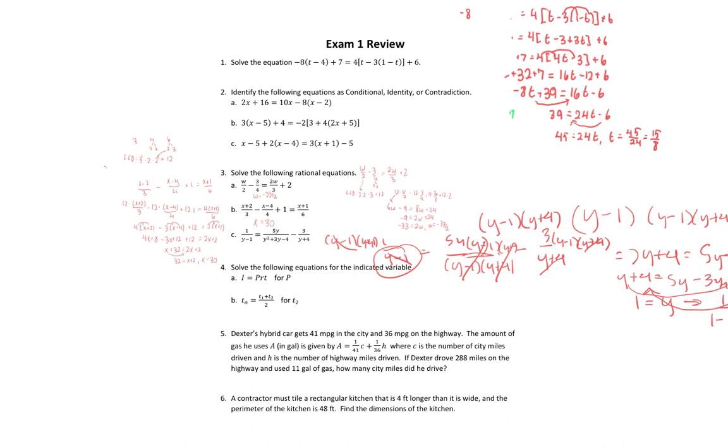Which, as you can see in this left term, we have a 1 minus 1, which is a restricted value, making y a restricted value because we can't have 0 in the denominator, right? So actually, instead of y equals 1, there is no solution.